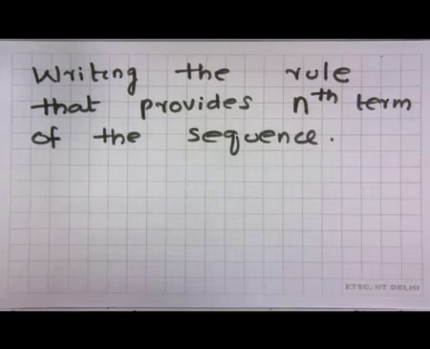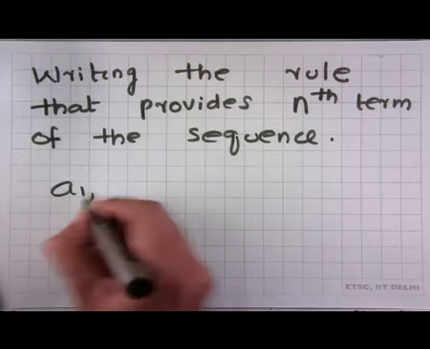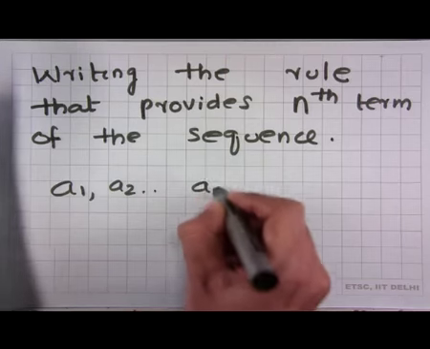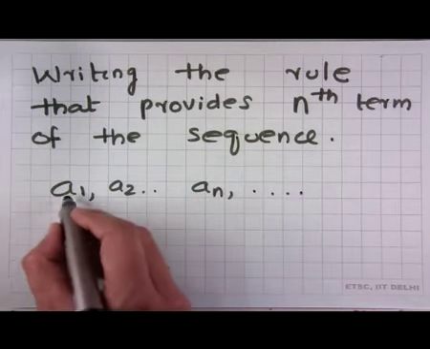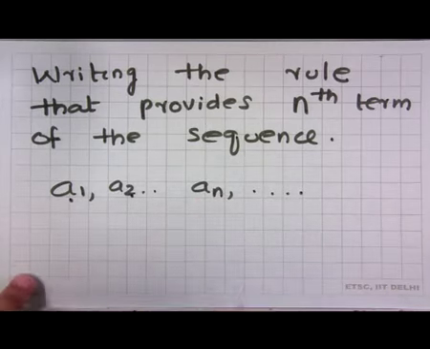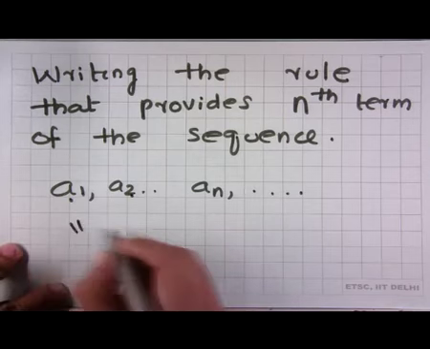By the way, when we have a sequence A1, A2, A3, etc., AN, etc., A1, A2, etc., those numbers are called terms.